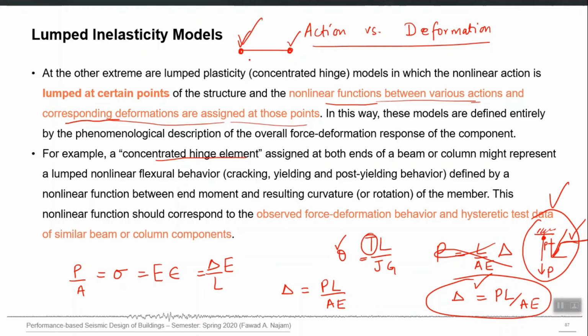There can be a shear hinge also. At a particular location, for example this midpoint, I can say that if the shear force at this location increases beyond the given capacity which I give, the program should be able to tell me. So what I will do is define a shear hinge at that location, and that shear hinge will require a nonlinear relationship between shear force and shear deformation.